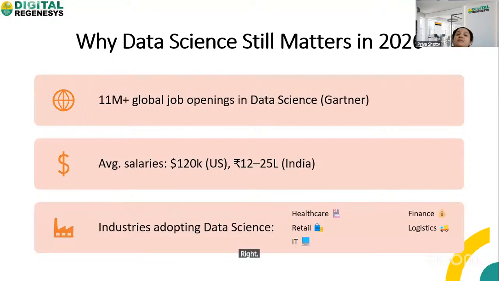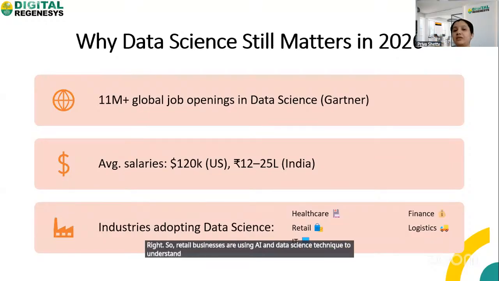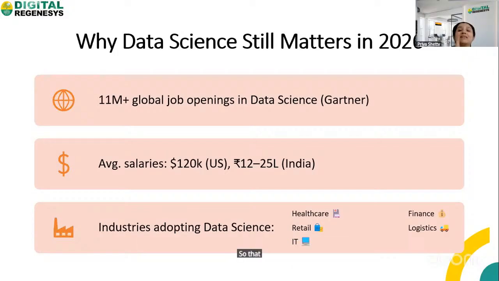So retail businesses are using AI and data science techniques to understand their customers' behavior, and accordingly sell products so that they meet the customer's demand, not what is booming in some random city.